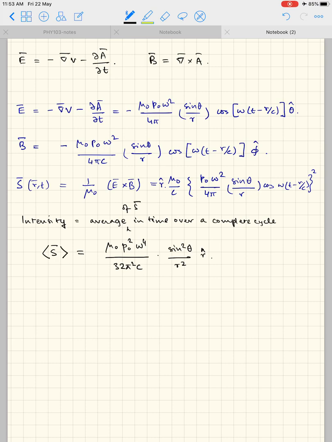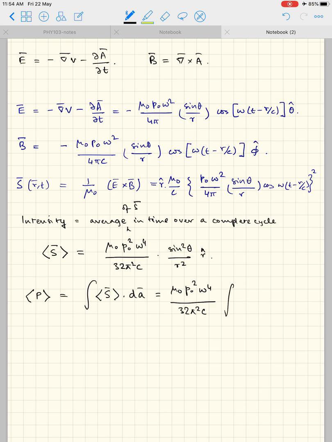Anyway, now if you want to find the total power that is radiated, this is found by integrating S, this average, over a sphere of radius r. So let's call this P. This is the integral of S dot dA. This is the thing that we've just found out: p naught squared omega to the 4 by 32 pi squared c.